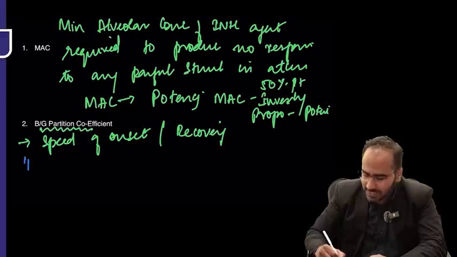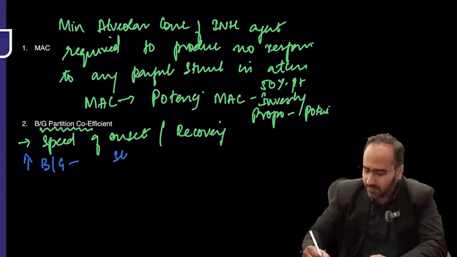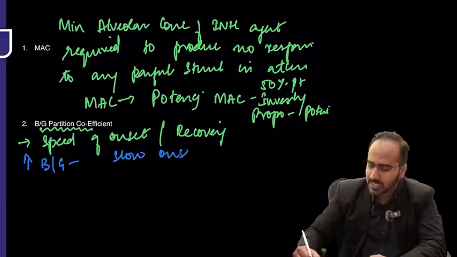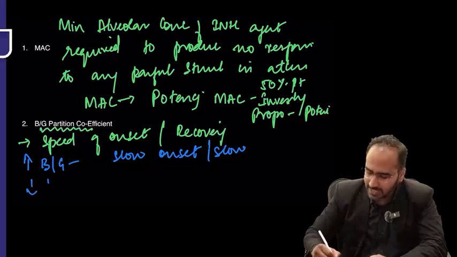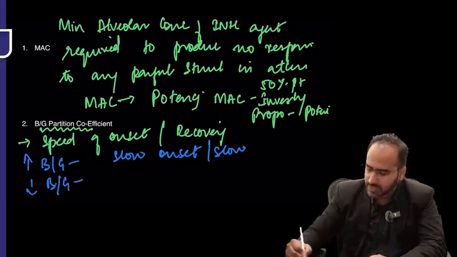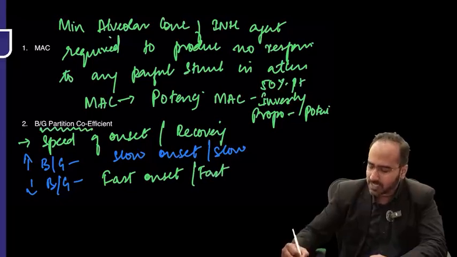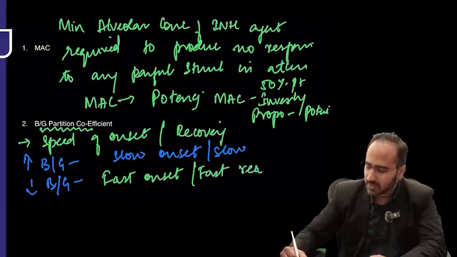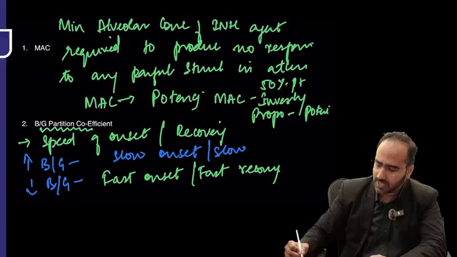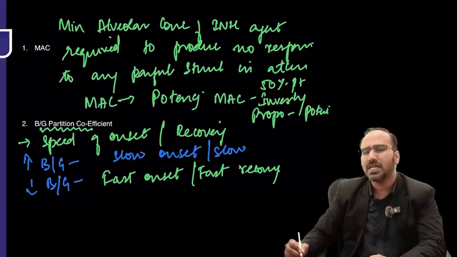That is, any agent that is having high blood gas coefficient, it will be slow onset and slow recovery. Whereas any agent that is having low blood gas coefficient, it will be fast onset and fast recovery. Right?